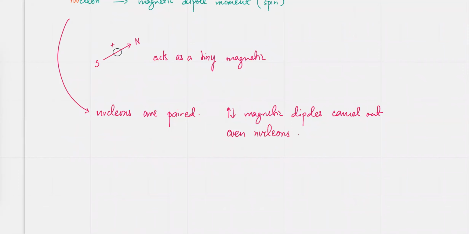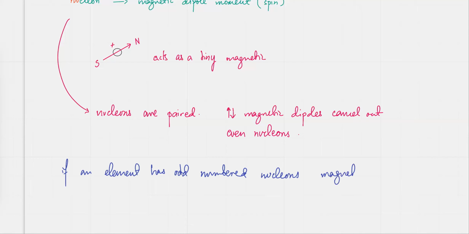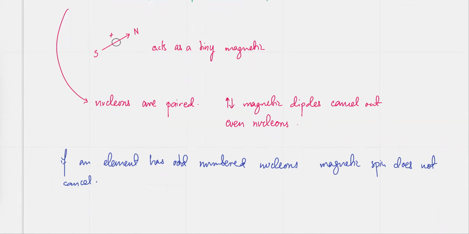The dipoles cancel out. Now the thing is that if an element has an odd number of nucleons, the dipole magnetic spin will not cancel out. So overall, the nucleus will have a magnetic field.